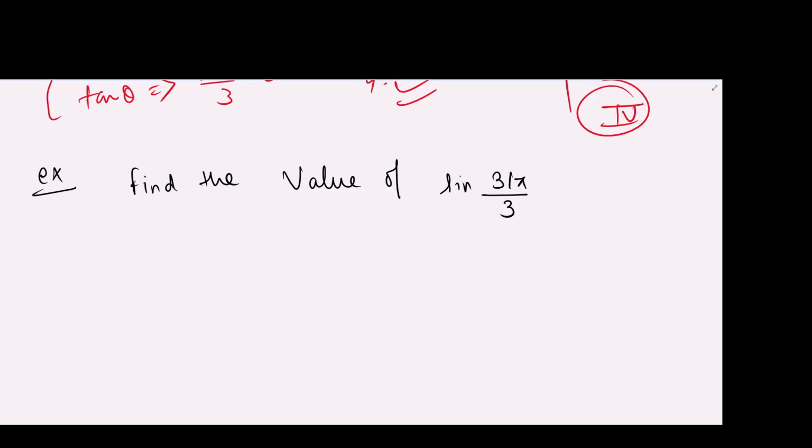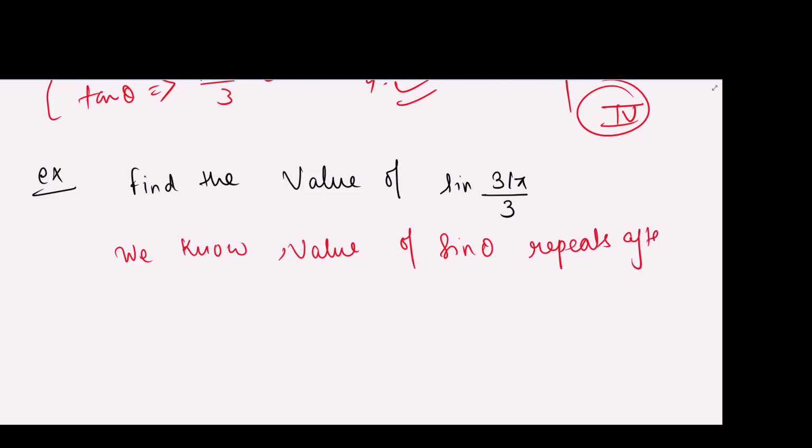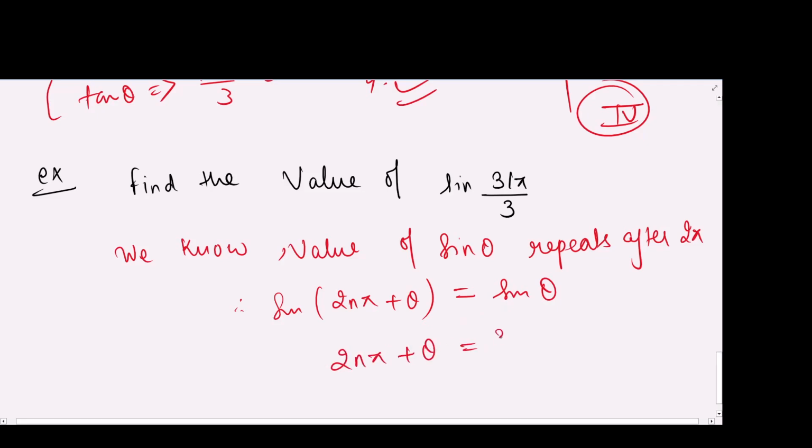So we know the value of sine theta repeats after 2 pi. Therefore, sine 2n pi plus theta is equal to sine theta. Therefore, 2n pi plus theta is equal to 31 pi by 3.